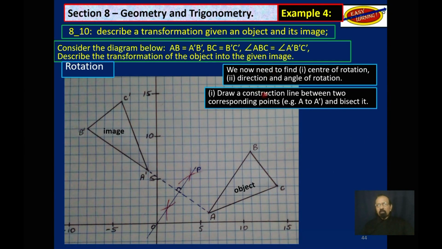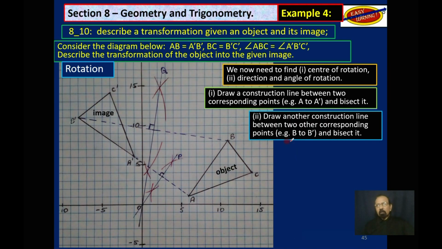To find the center of rotation, you draw a construction line between two corresponding points, say A and A', and bisect it. Then you draw another construction line between another two corresponding points, say B and B', and bisect it.